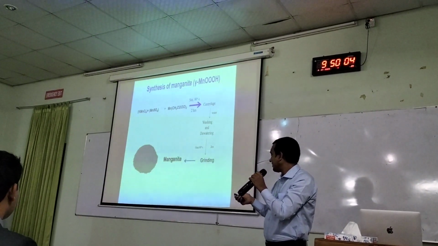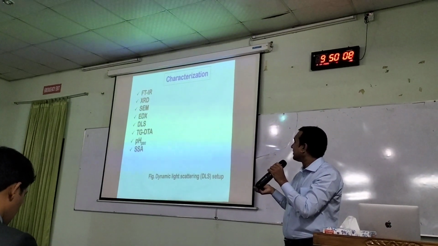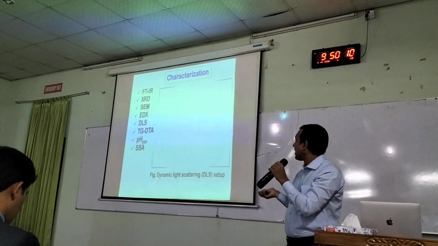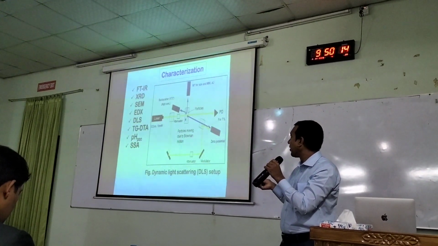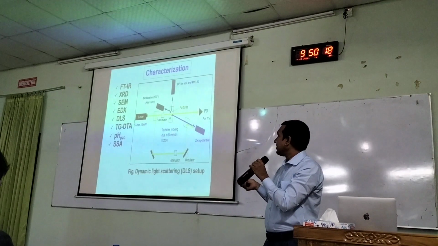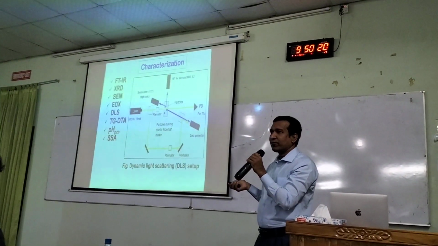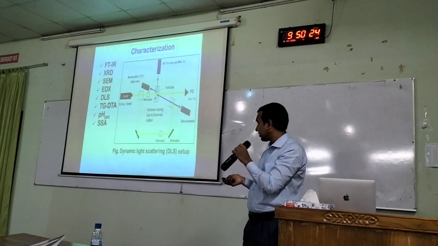This was really interesting for us, and then we characterized these substrates using FTIR, XRD, SEM, EDX, dynamic light scattering, zeta potential, point of zero charge, and specific surface area analysis.